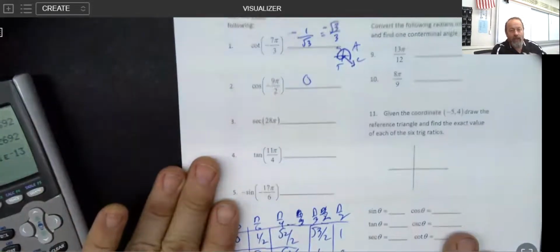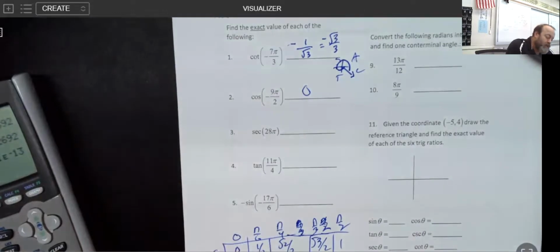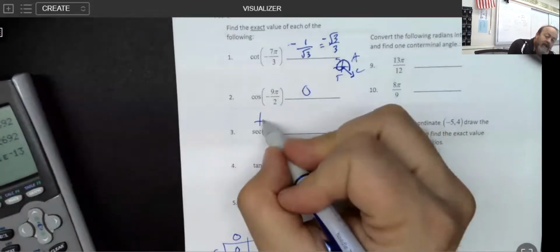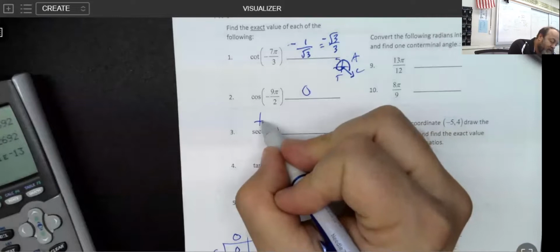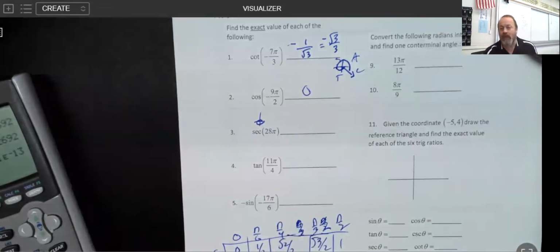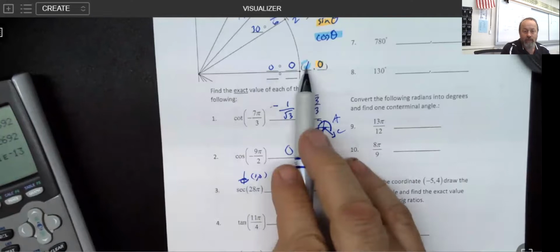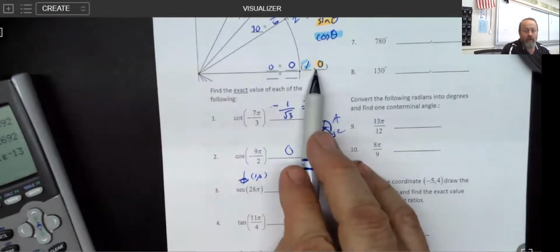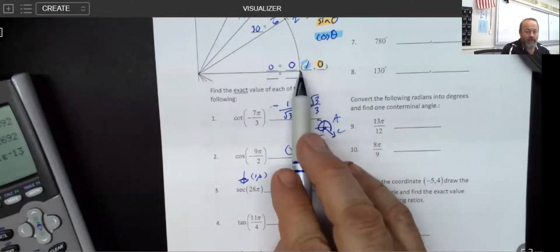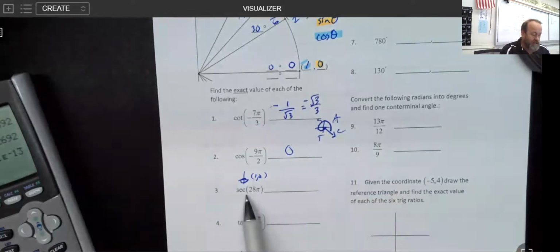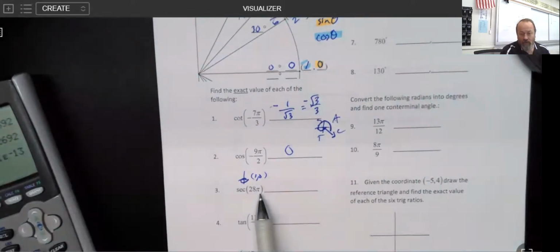Now, 28 pi is interesting. That actually works its way around a circle 14 times, because remember, 2 pi is a full circle. And 28 pi is just 14 of those full circles. So if I go around the circle 14 times, I'm going to land right here at the coordinate 1, 0. So you want to remember that the cosine is always the x value, and a secant is just the x value flipped over.